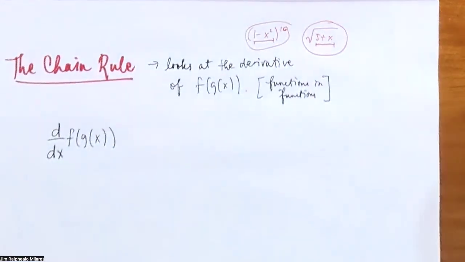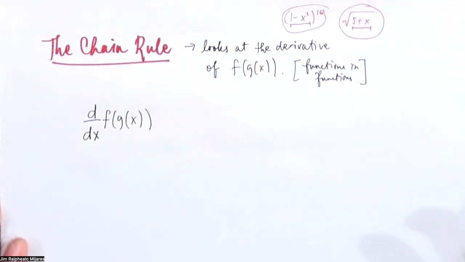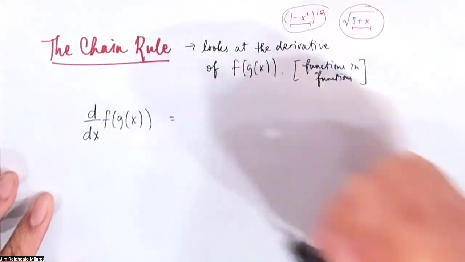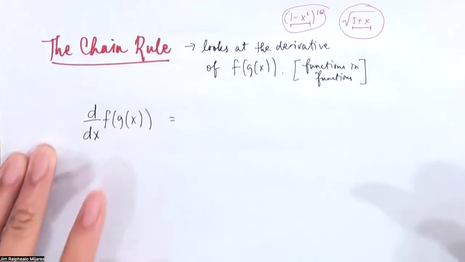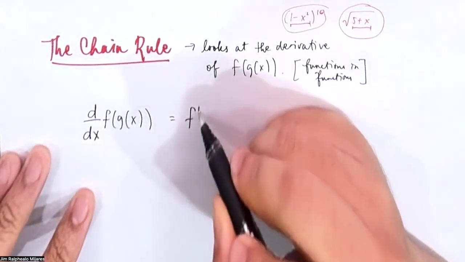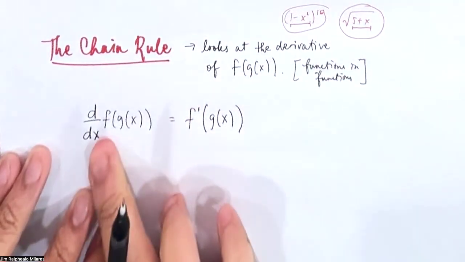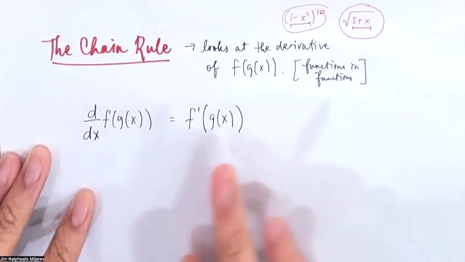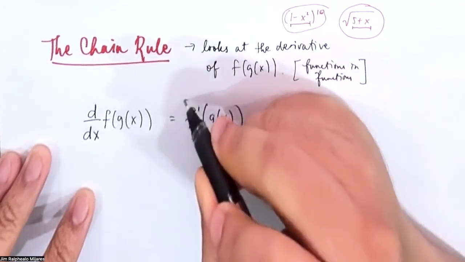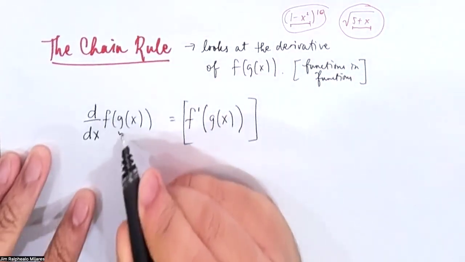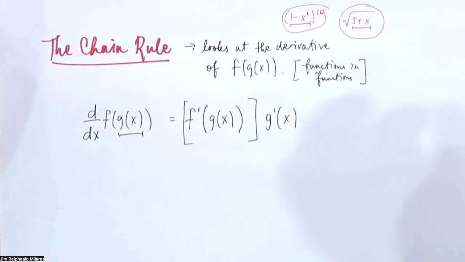Now, let me first write what the chain rule is. So, the chain rule is: the derivative of f of g of x is equal to, we first take the derivative of f with g of x inside, then we multiply this with the derivative of the inside, times g prime of x. Okay?